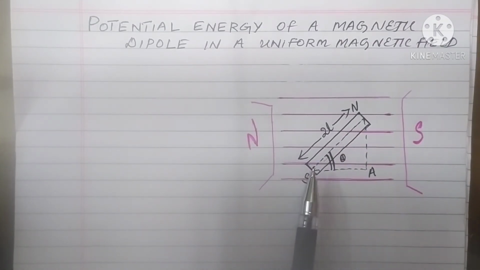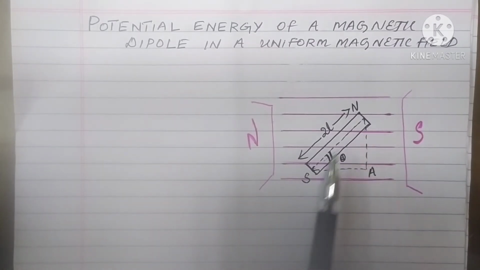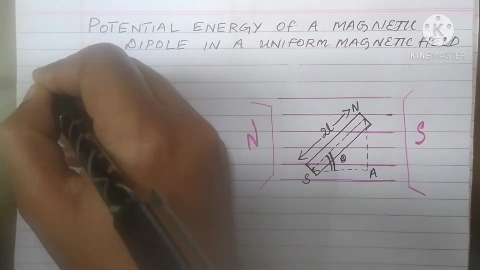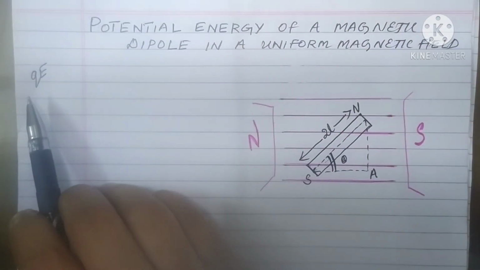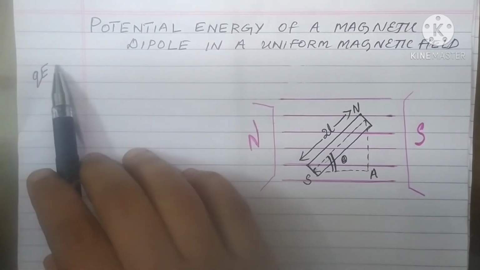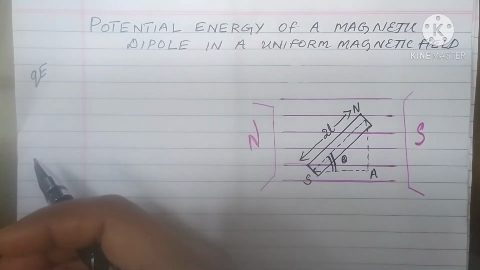And you know the strength of the pole, each pole is M. In the last class we have studied that pole strength is denoted by M. So for an electric dipole, you know the force on each charge, because of the plus Q charge or the minus Q charge, was given by the expression QE. Q is the charge and E is the electric field. Then the force is given as plus QE or minus QE.